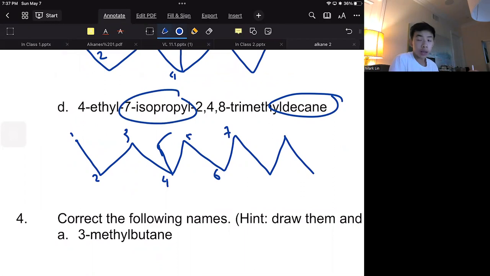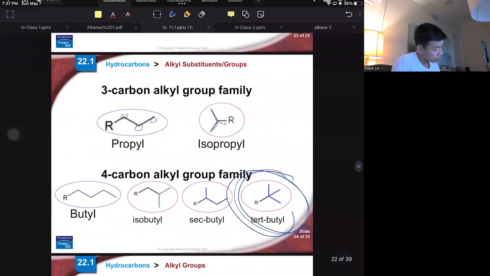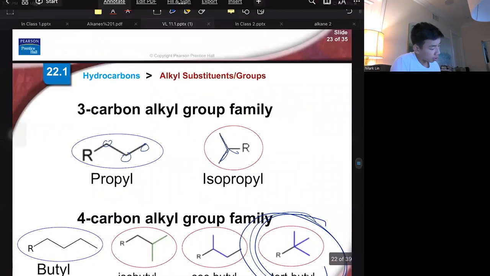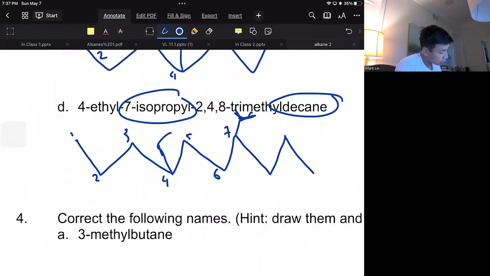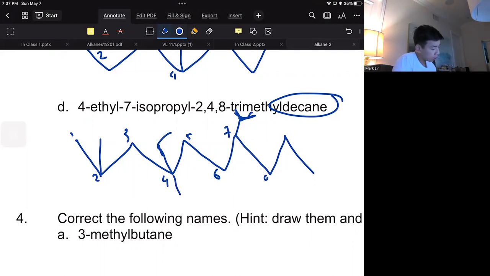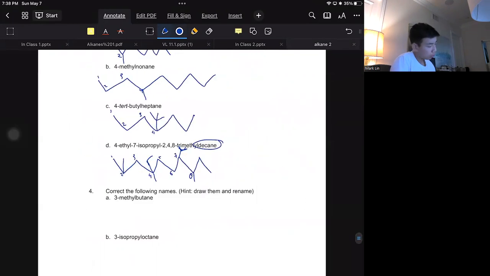Isopropyl is a Y. You can see here. 2, 4, 8 will be a methyl. So methyl is just 1. 2, 4, methyl, 8, methyl. All right, cool. Moving on.